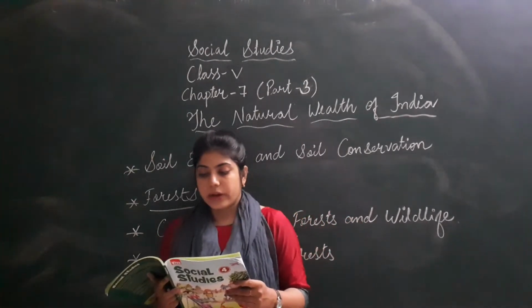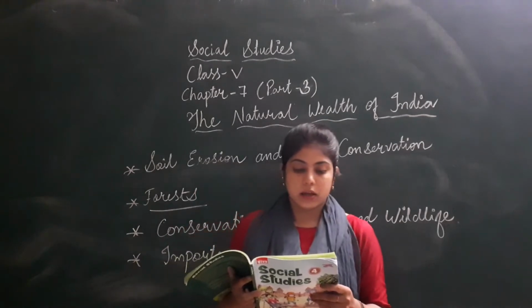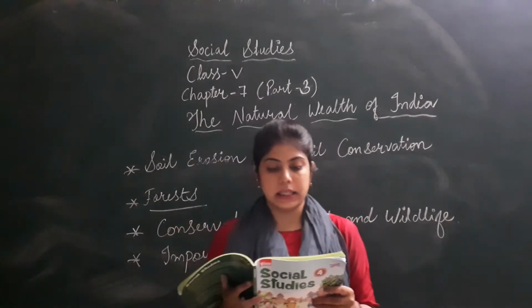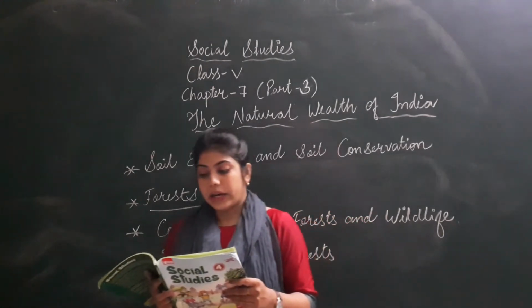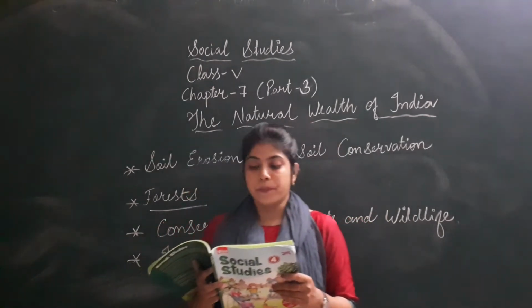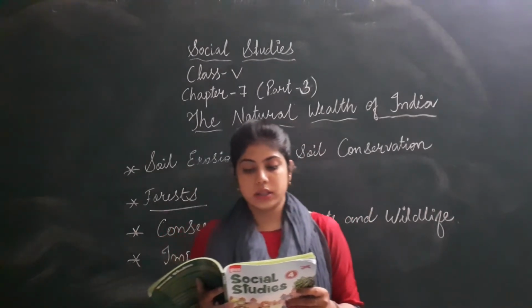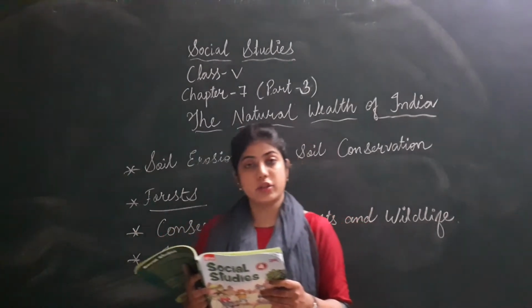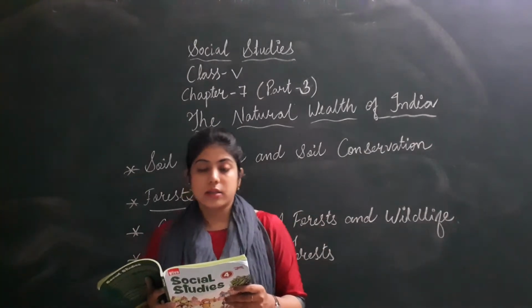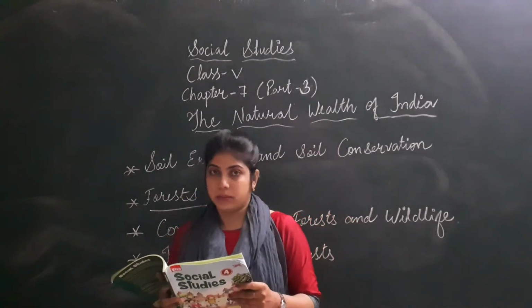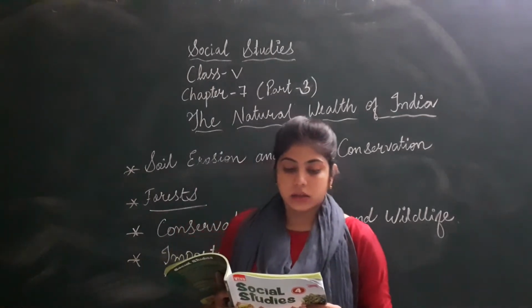Many species of wild animals and birds are now endangered and are on the verge of becoming extinct. So many species of wildlife are affected because of the cutting down of trees, the destruction of forests.